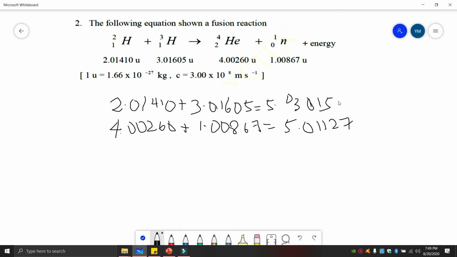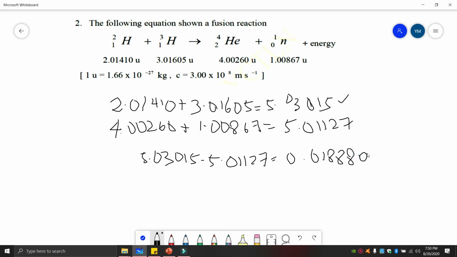So you just minus 5.03015 minus 5.01127. So you got the answer 0.01888. This is actually in the unit of u.